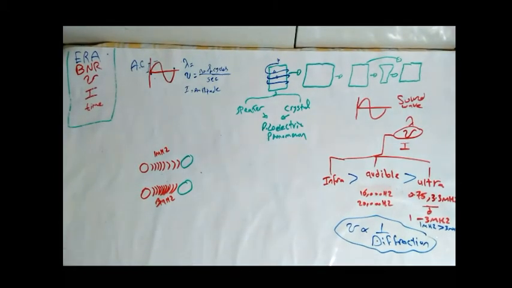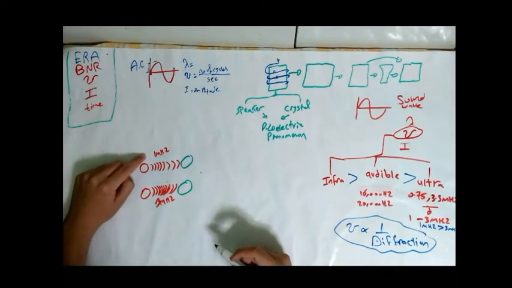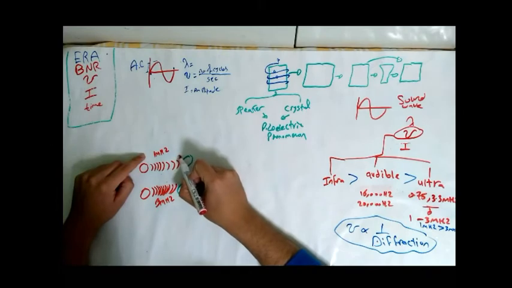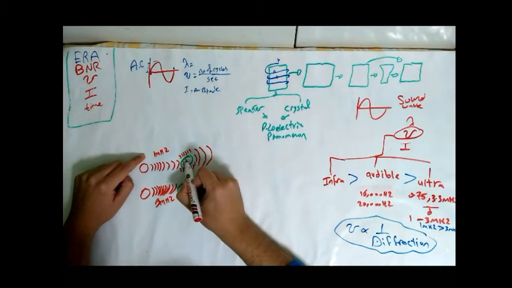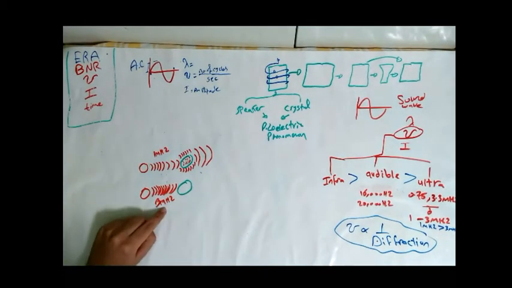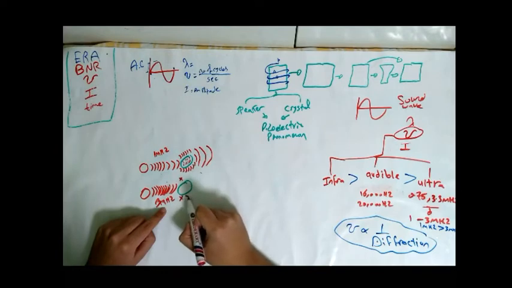Since diffraction is the ability to bend over, and 1 megahertz has a lower frequency than 3 megahertz, so more diffraction, sound waves will move around this obstacle, with only a little amount moving inside it. While 3 megahertz, since it has a higher frequency and less diffraction, will not be able to diffract or move around the obstacle, and will pass inside it.